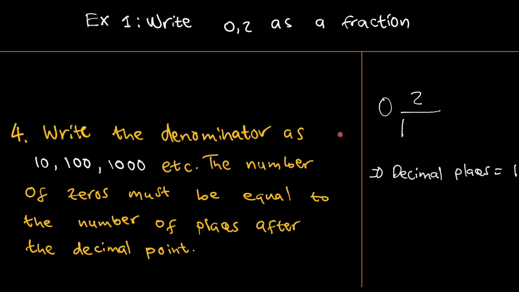The number of zeros must be equal to the number of places after the decimal point. And 1 decimal place means the number of zeros will only be 1. Decimal places is 1, I will only put 1 zero. If I had 2 decimal places, I would write 2 zeros here.